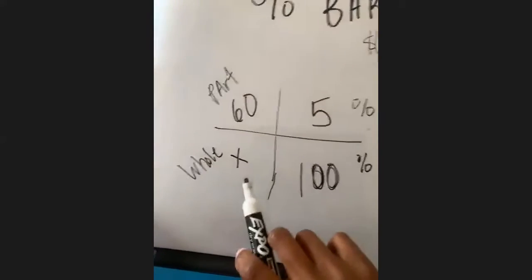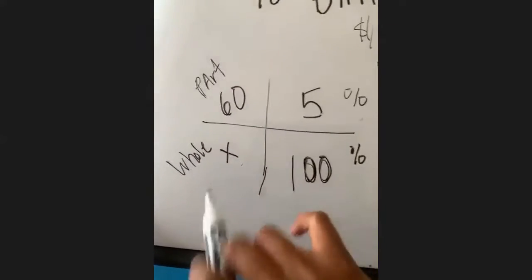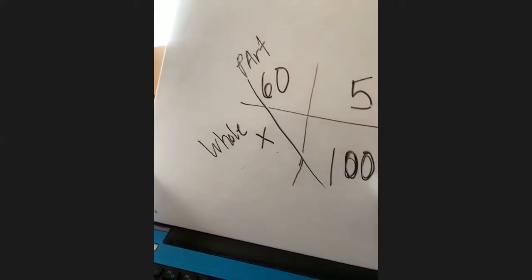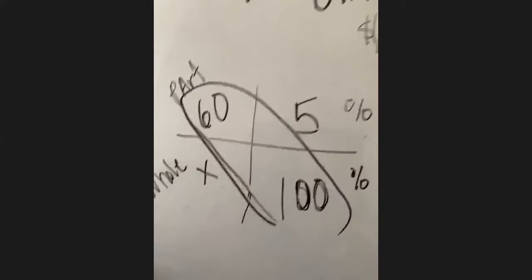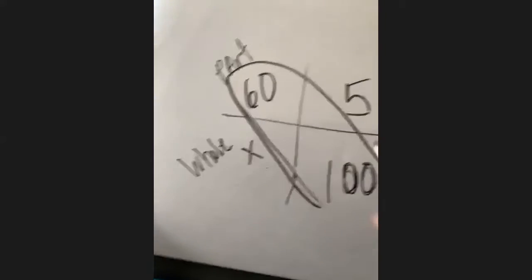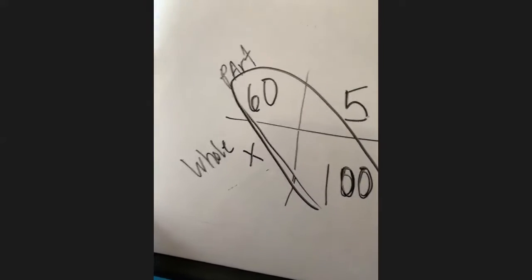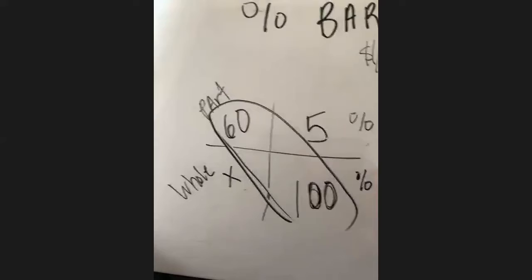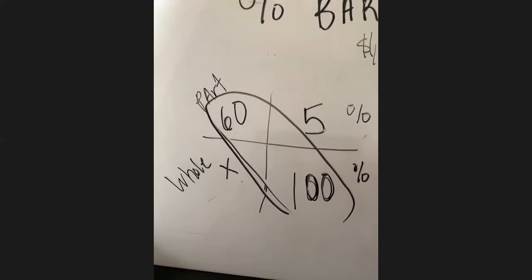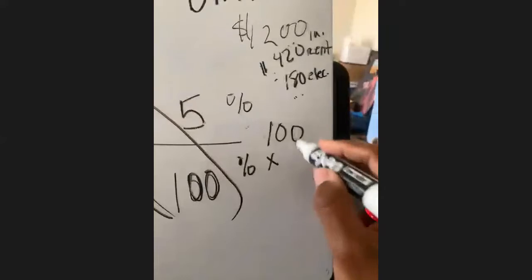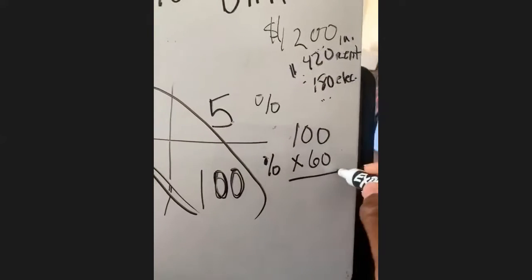So what do we do again? Again, whenever you're looking for the part, percent, or whole, you would multiply here, right? You would multiply, and then you would divide by this. So let's do this one because the numbers aren't as big, so I'll show you exactly how it goes. So you would take 100 times 60, right?